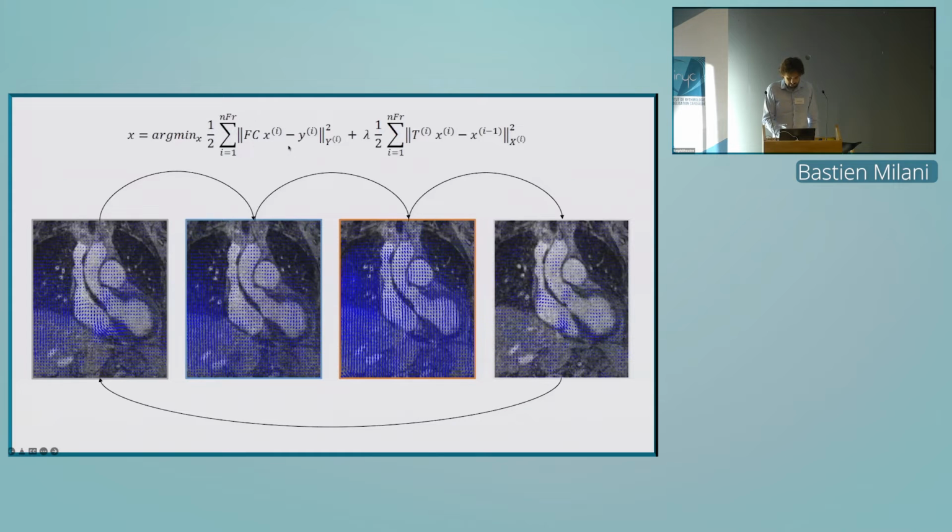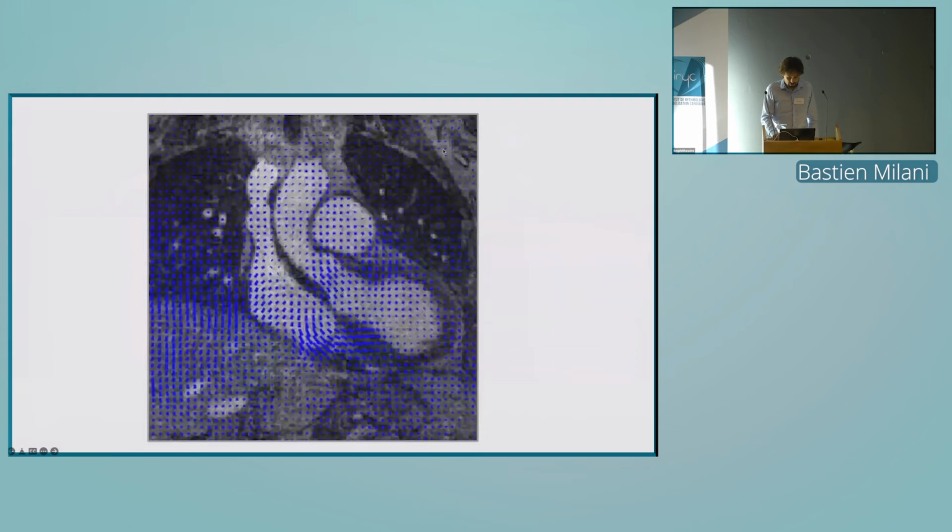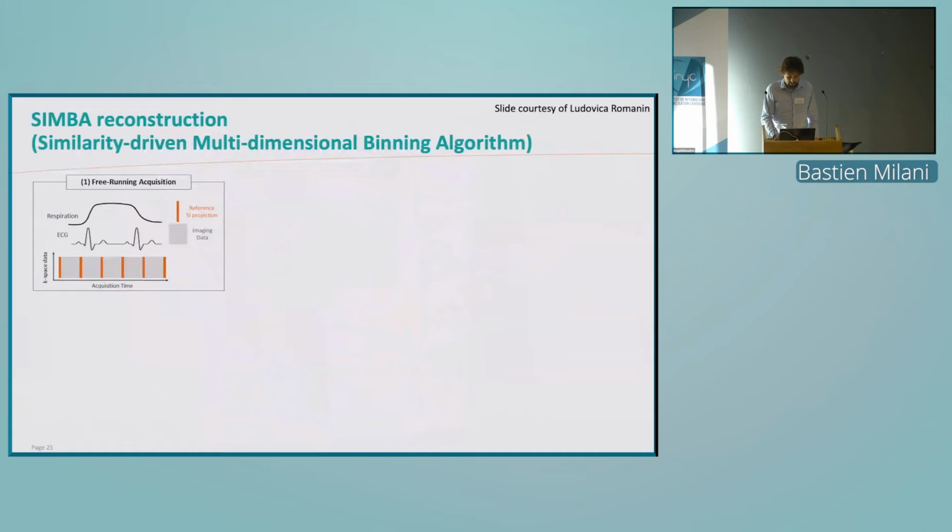That's the data fidelity term. And that's the term that penalizes the difference between two adjacent images. So you deform this image and you subtract this image. They should be the same in principle if the deformation is correct. And we use it as regularization.